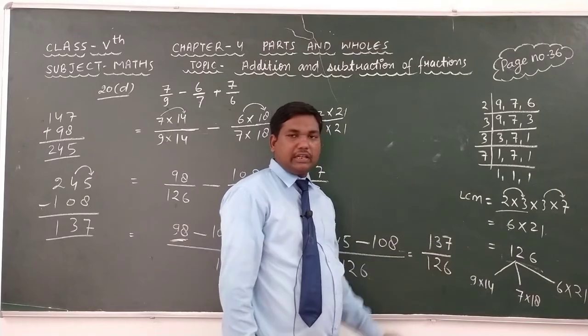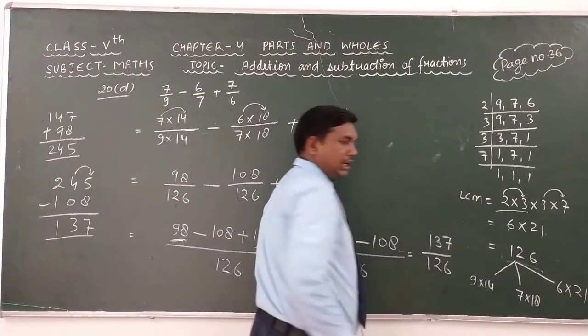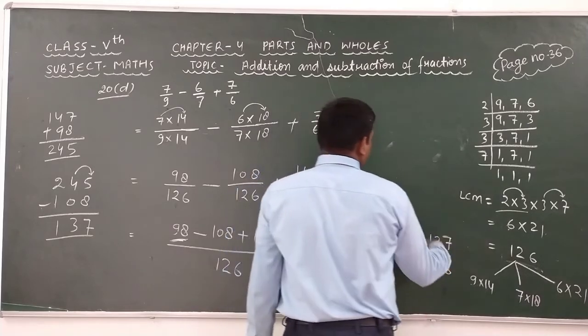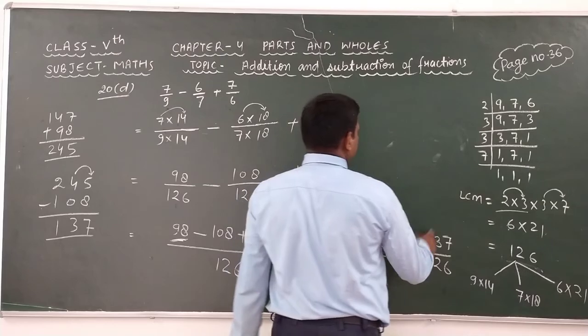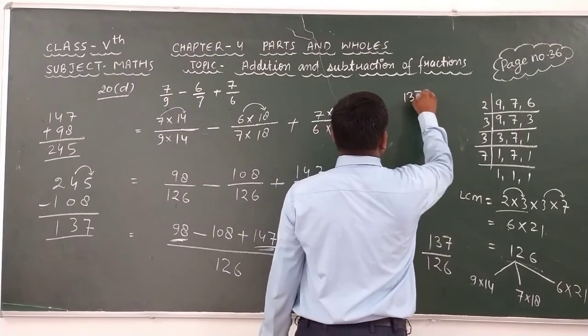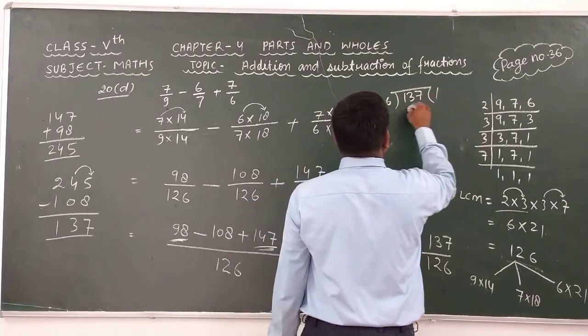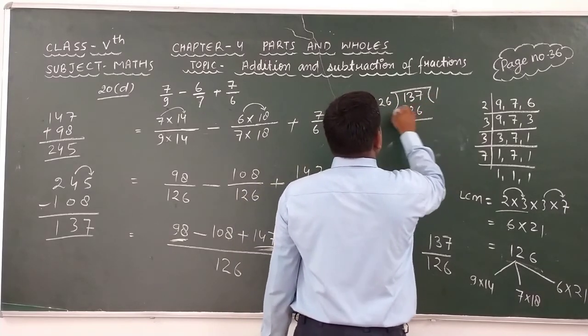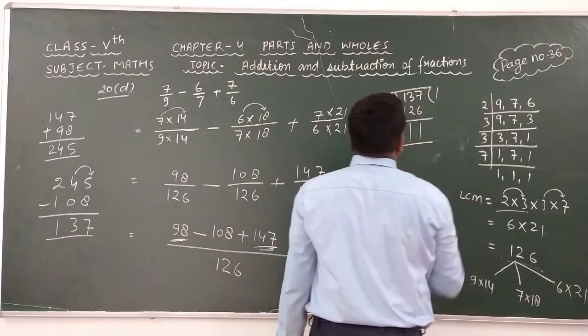We know that 137 is greater than 126. It means that this is an improper fraction. Therefore we have to change this improper fraction into a mixed fraction by dividing 137 by 126. 126 1s are 126. After subtracting these we get 11 as remainder.